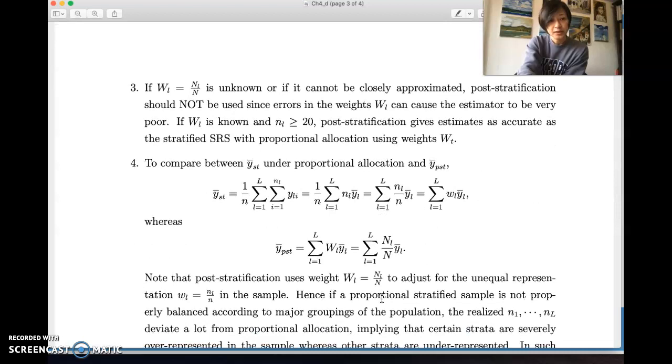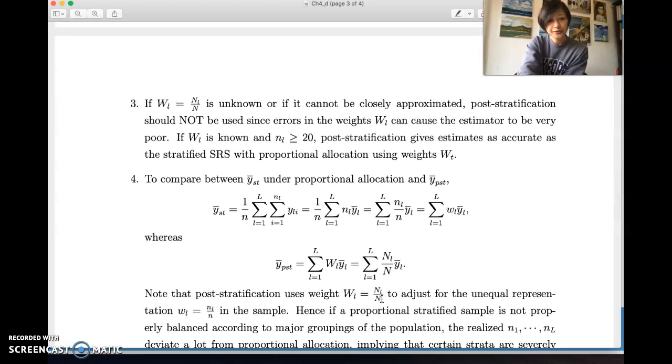Thirdly, if we want to perform post-stratification, we need to know the true population size of each of the strata. So that means we need to have information on capital NL. We can obtain this capital NL from some official statistics. We need to know the population size so as to adjust for the weights.